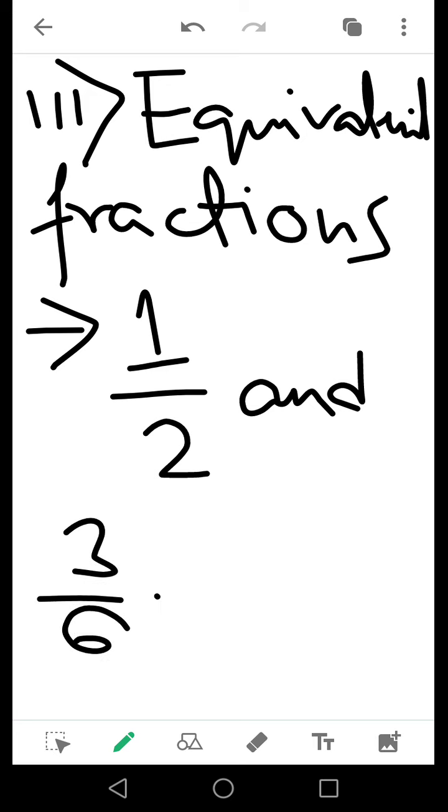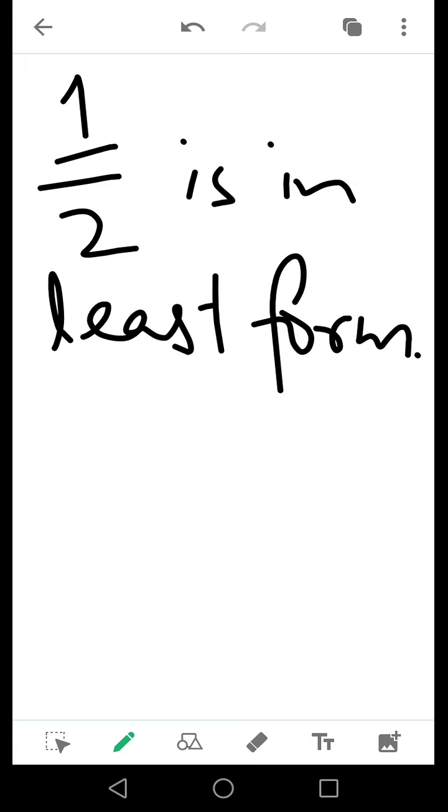Now I want to call them equivalent. Why? See that 1 by 2 is in least form. That is, we do not have any common factor to further subdivide them. 1 by 2 cannot be further reduced to any form.